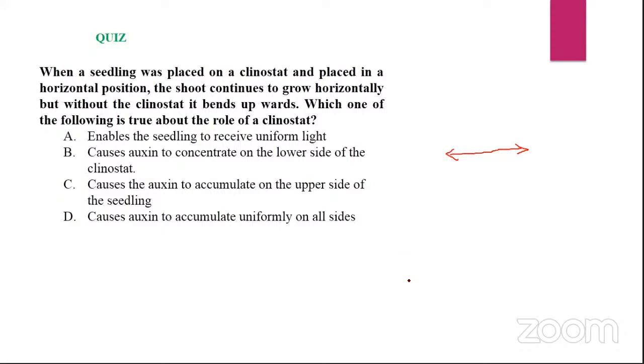So imagine this is the shoot of the plant, but then they have placed it on a clinostat. Now this clinostat is the one which is going to be rotating it. So this shoot is just going to keep on growing towards that direction.